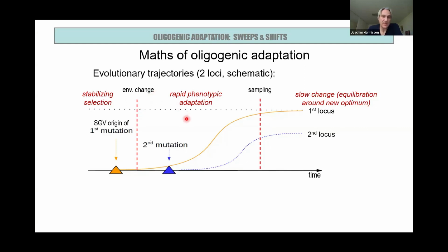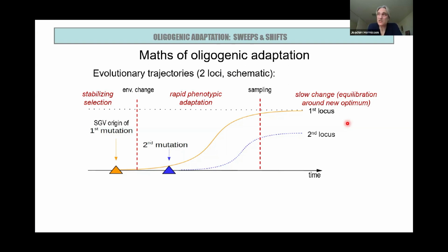The first thing now is the rapid phenotypic adaptation phase, which relatively quickly will bring the trait mean close to the new optimum. And in the end, we have this phase of slow changes, when the allele frequencies equilibrate around the new optimum.